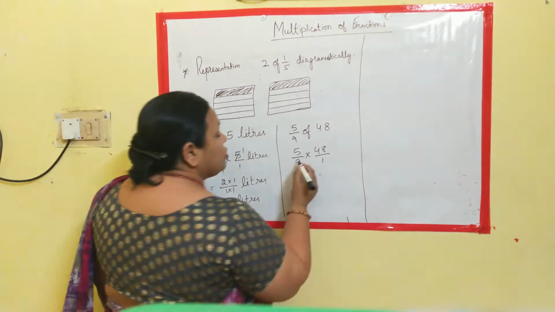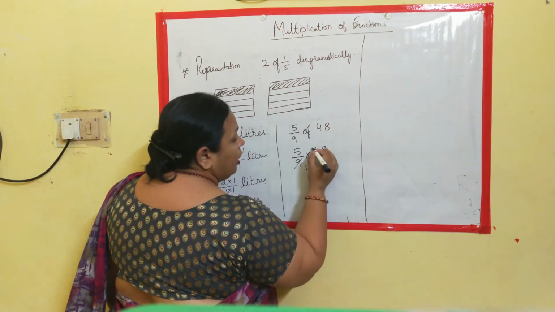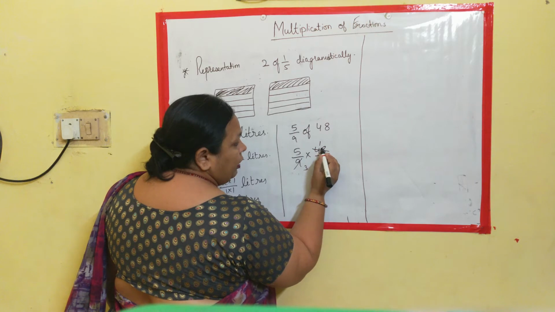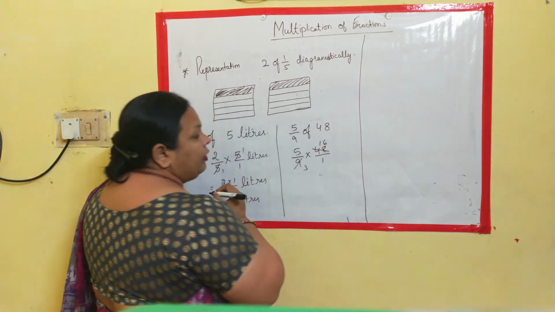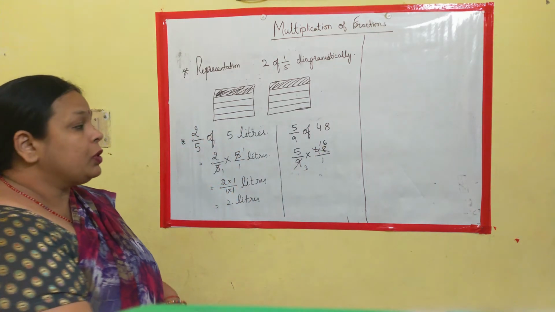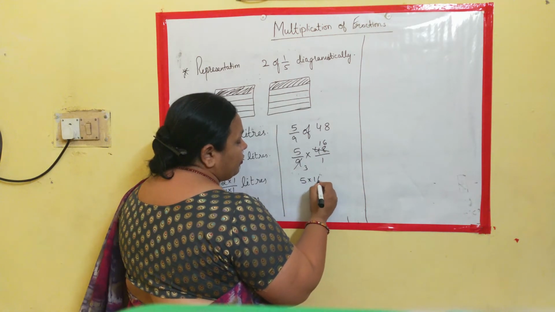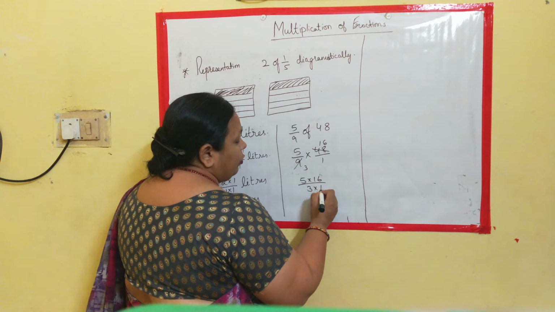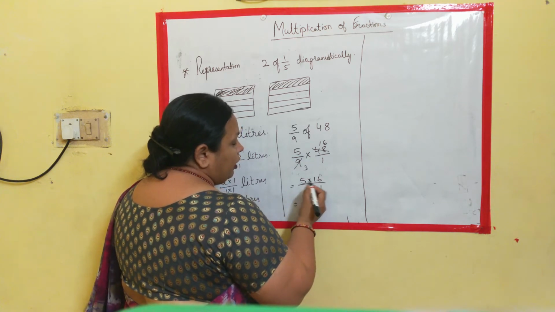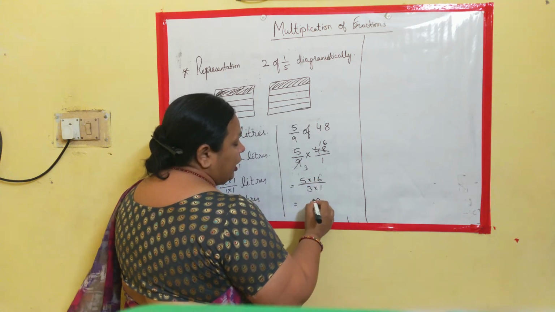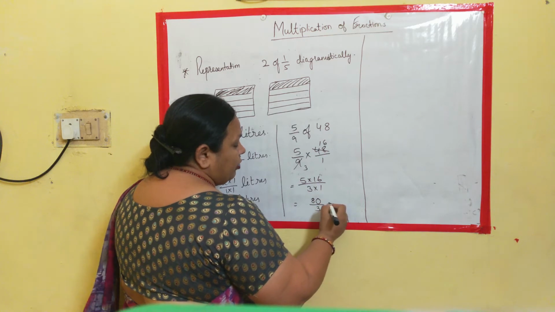Yes, we can. So 3 3s are 9, 3 16s are 48. No more further cancellation is possible. So what we will be doing here is multiplying 5 into 16 by 3 into 1. And we are going to get 5 6s are 30, 0 and 3 in hand, that is 80 by 3.